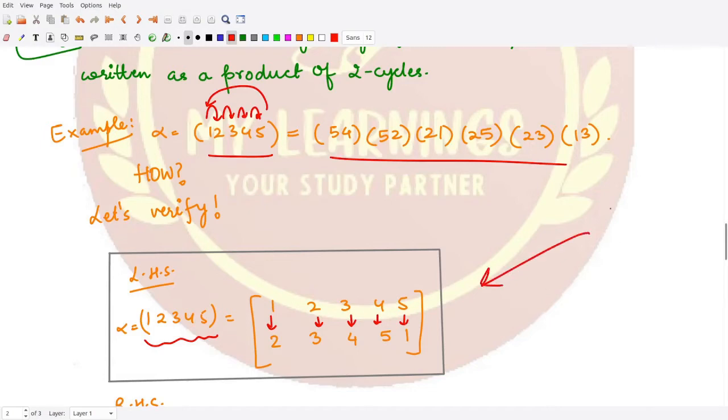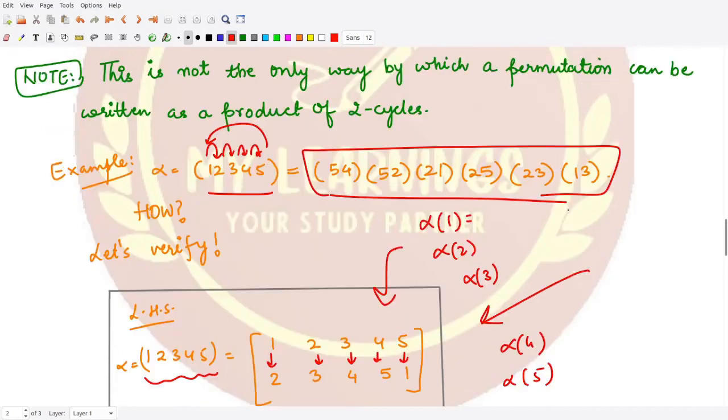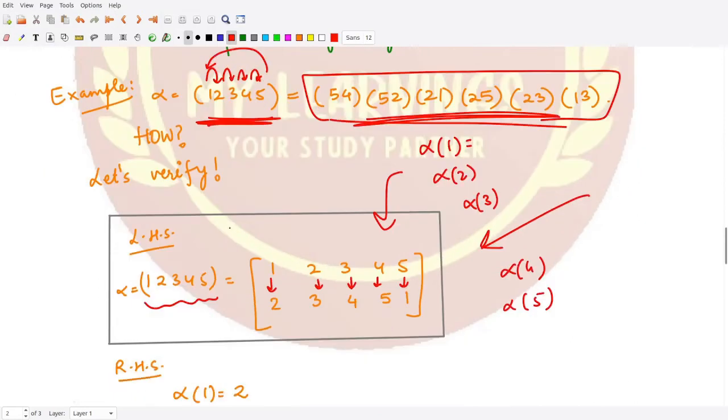Under this permutation, we have to find alpha of 1, alpha of 2, alpha of 3, alpha of 4, alpha of 5, construct an array of this kind, and then compare it with the array on the left hand side. If that is so, both these permutations are equal to each other.